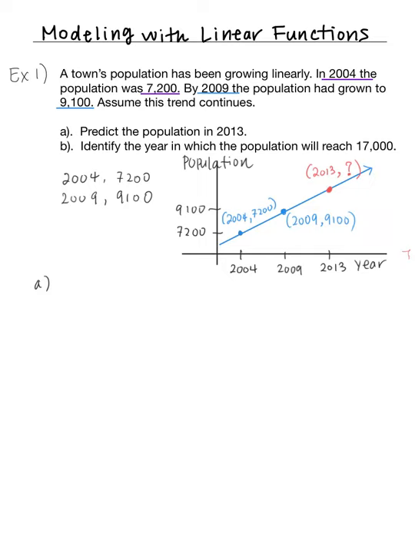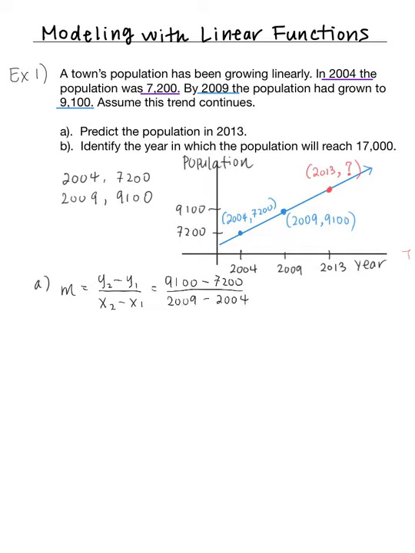All right, so let's go with the equation of the line that's connecting those two dots. First, the key ingredient is the slope. So the slope is y2 minus y1 all over x2 minus x1. So I'm just going to take 9100 minus 7200, whole thing divided by 2009 minus 2004.